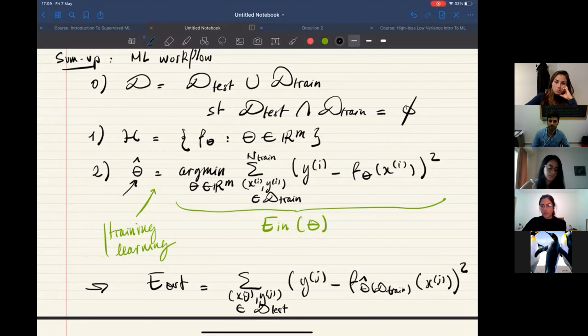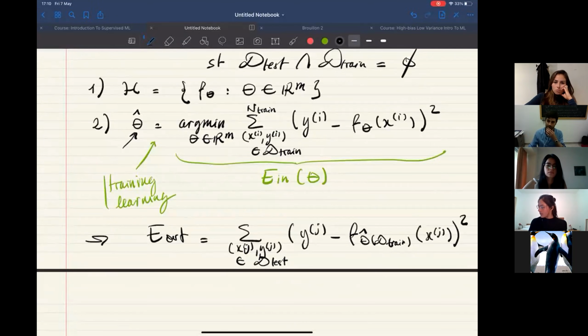This is the test error, okay? And what we are aiming for is to find a model, so a function in our hypothesis class, that has a low test error, low prediction error, okay? Because again, machine learning is about prediction, not about fitting, okay?